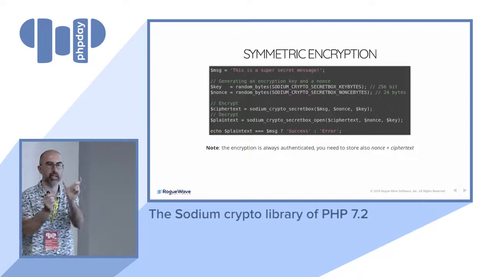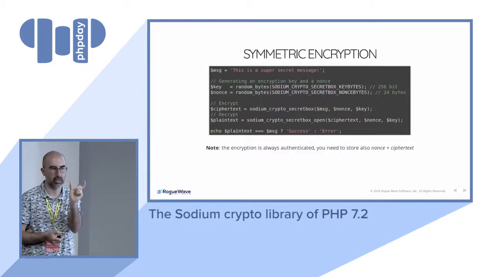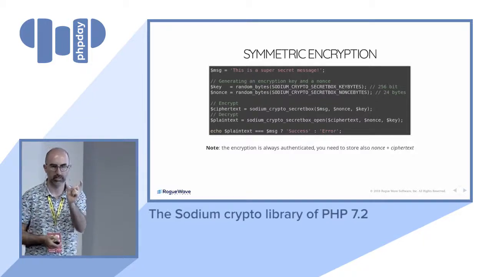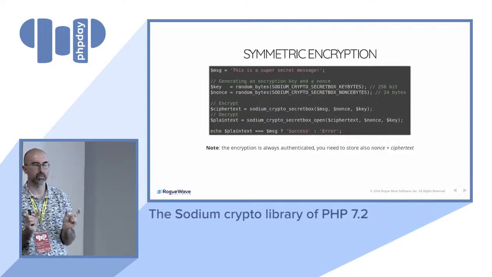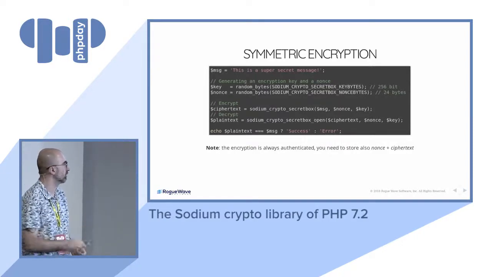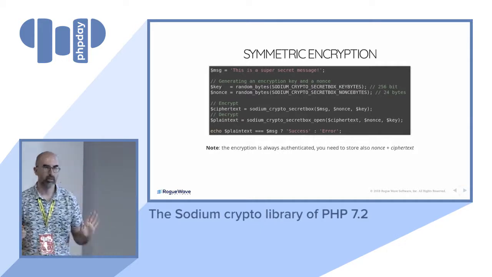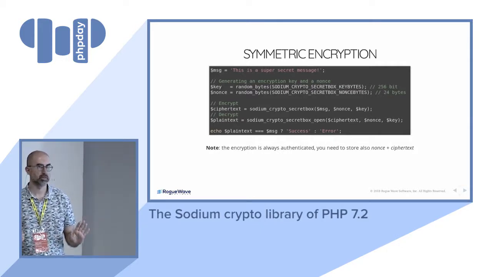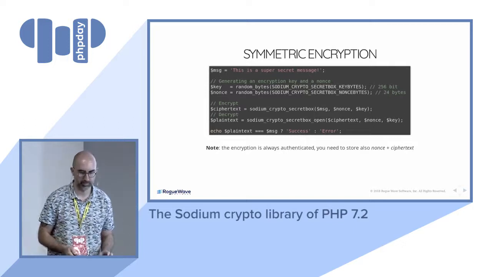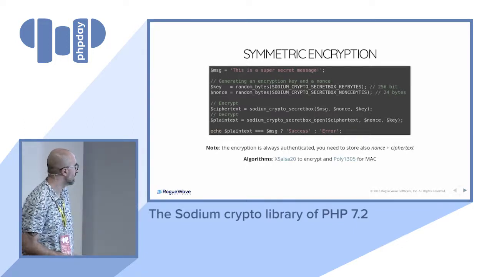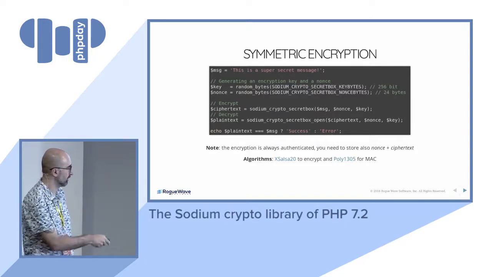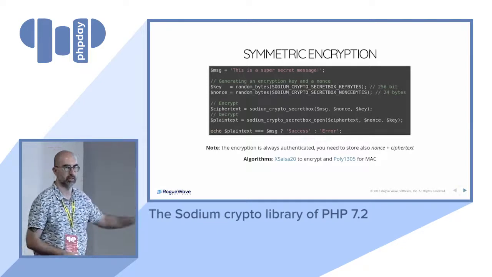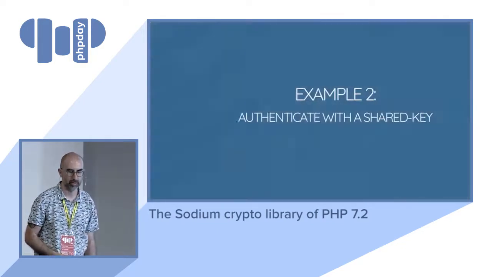When you decrypt, you get the nonce, because the nonce is a string with a fixed length. You take the nonce, then the ciphertext, and you can decrypt. Okay, any questions on this? It's quite straightforward. The algorithms are XSalsa20 to encrypt and Poly1305 as the MAC, basically for generating the authentication. So these are the two algorithms used by Sodium.